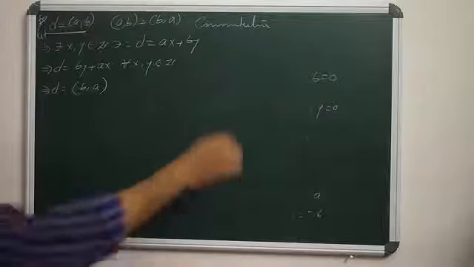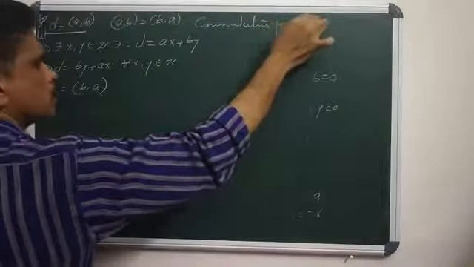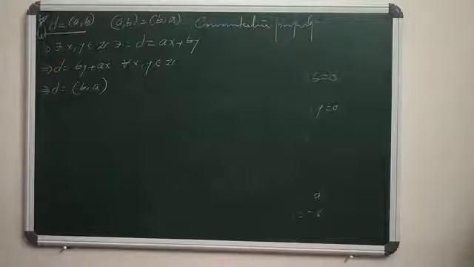Commutative property means for any two integers A and B, the GCD of A and B is the same as the GCD of B and A.